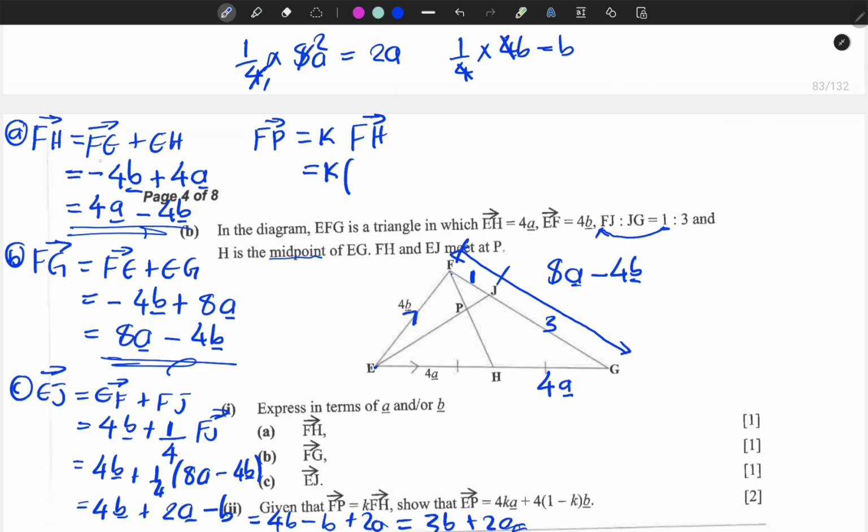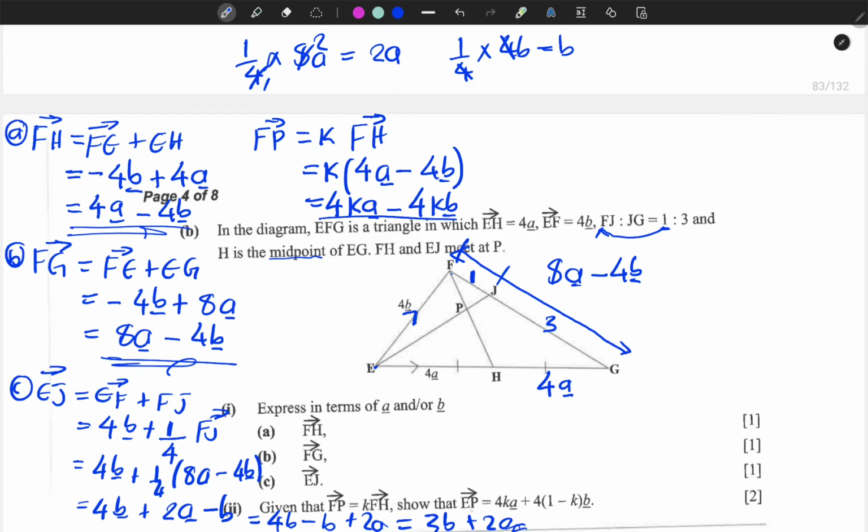Yes, we have it, the first vector here, so this expression here, so we put 4a minus 4b. Then from there we are just going to expand. k times 4a will give us 4ka minus, 4b times k is 4kb. So we've written this expression for FP.